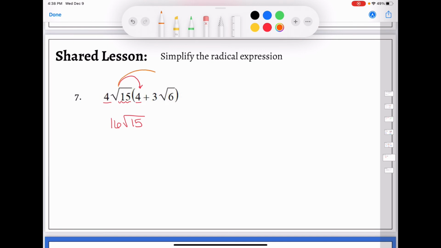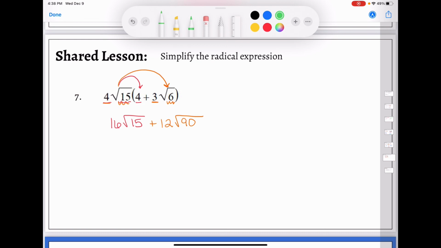Then I'm going to distribute the 4 radical 15 times the 3 radical 6. 4 times 3 are both on the outside, so I get positive 12. 15 times 6 are both on the inside. 15 times 6 gives me 90. So I've got 12 radical 90 for my second distributing. There's my 2 terms, the 2 different things that I multiplied when I distributed.